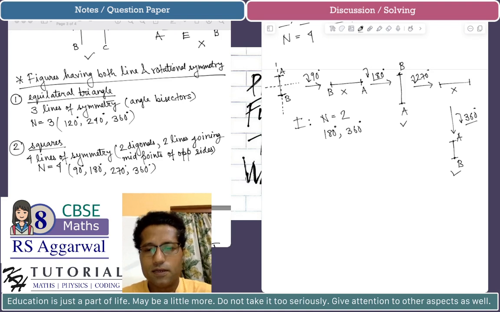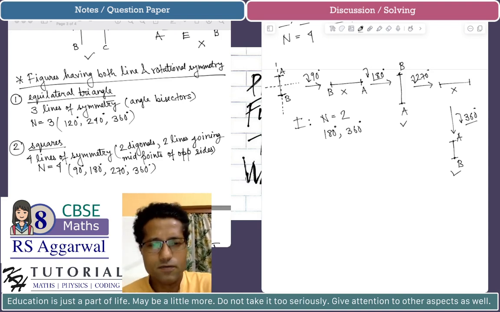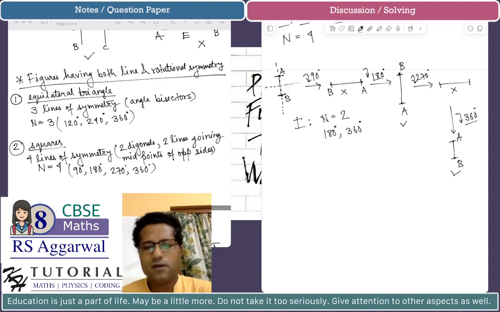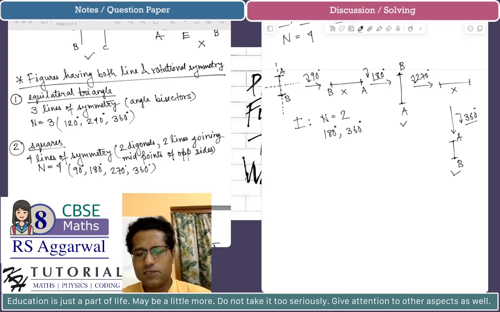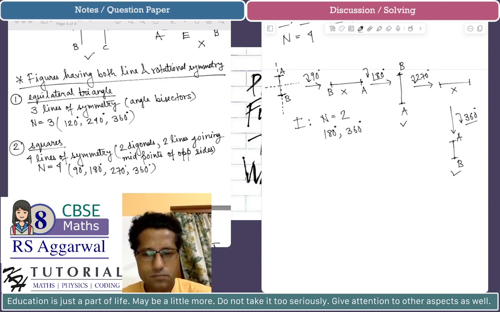For example, an equilateral triangle. We know that an equilateral triangle has three lines of symmetry, which are the angle bisectors, that is, the bisectors of each of the three angles of the triangle. And also we have seen that an equilateral triangle has three angles of rotational symmetry.